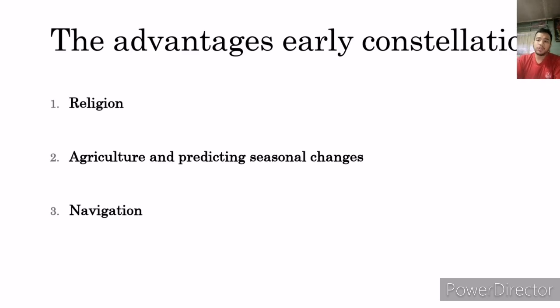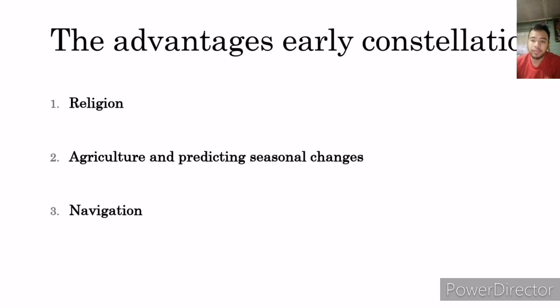The first use was possibly religious. For example, the Greeks and Egyptians believed the gods were living in the heavens. Many cultures believed in storytelling, in which the telling of the gods' ways was tied to the positioning of the stars.